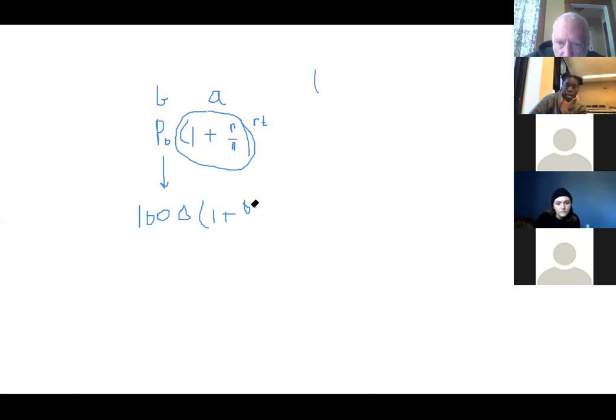And then N is 1. What does N represent again? The number of times per year that you compound it.